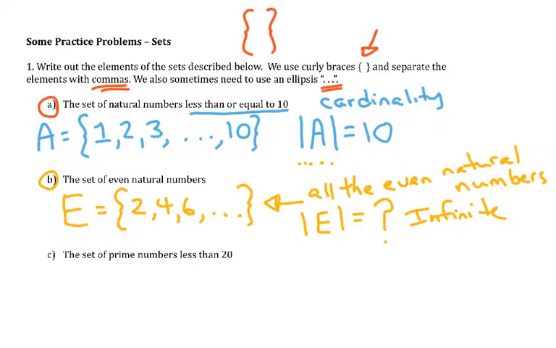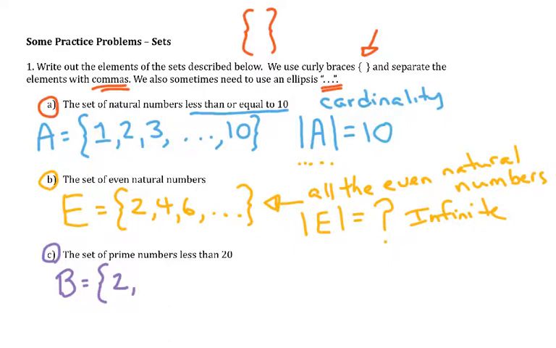Our last example here is the set of prime numbers less than 20. So I'm just going to call this set capital letter B. And then we have to think, what do we remember about prime numbers? Well, the first one is 2.